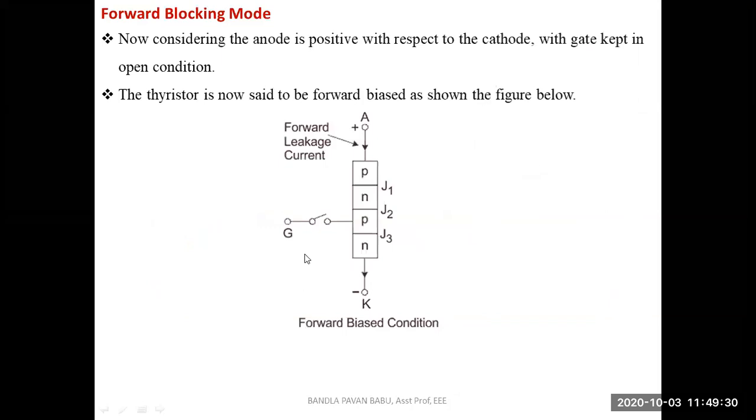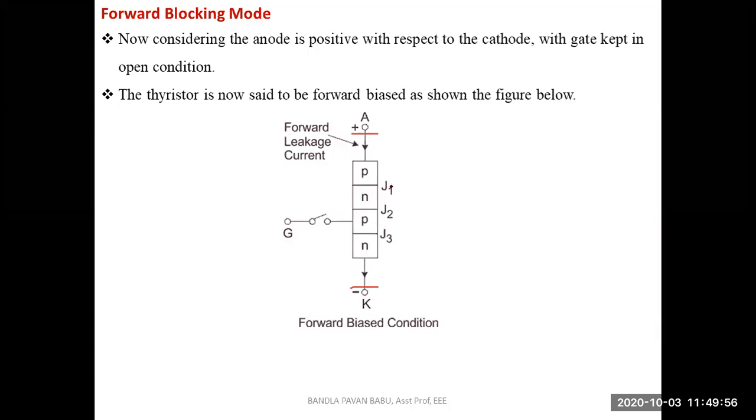Next, we'll get into the forward blocking mode. Forward blocking, this title itself indicates that it is in forward mode, but in a blocking state. That means anode should be positive and cathode should be negative.